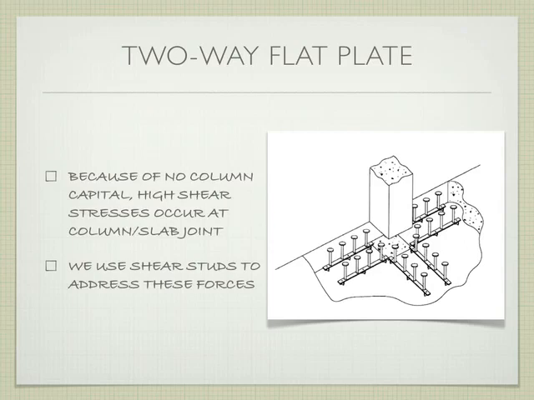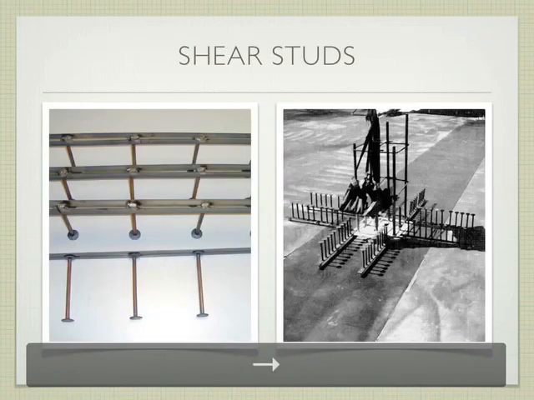Basically, what these are is a strip of metal that has these giant nails that are welded to it. These giant nails help to add surface area and really attach the column to the slab itself. So these strips are then attached to the column. They're welded to the rebar in the column, and that helps tie the two together. Those are called shear studs.